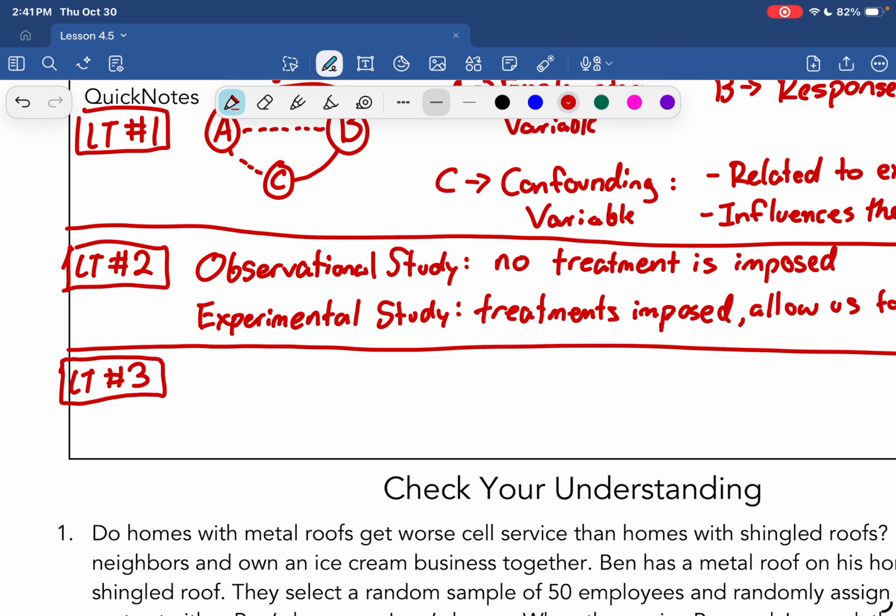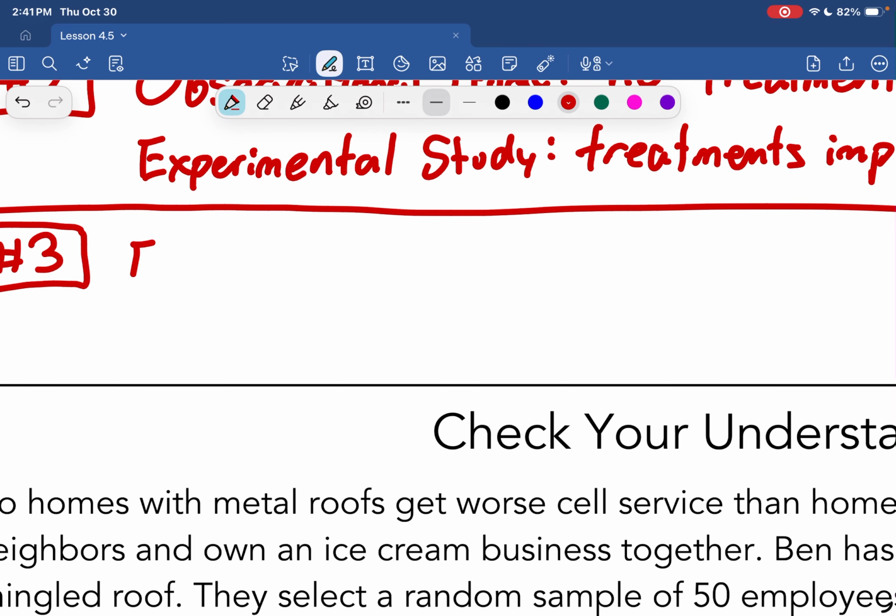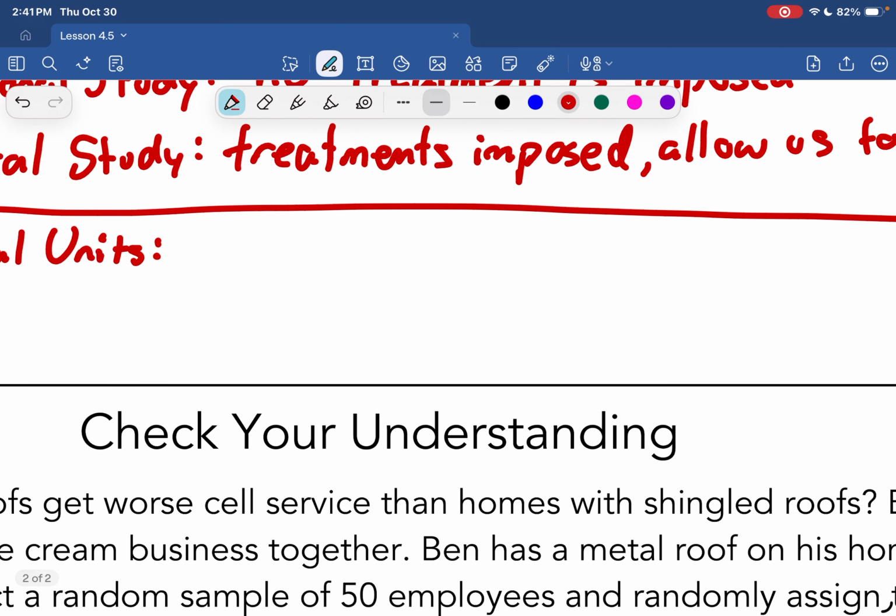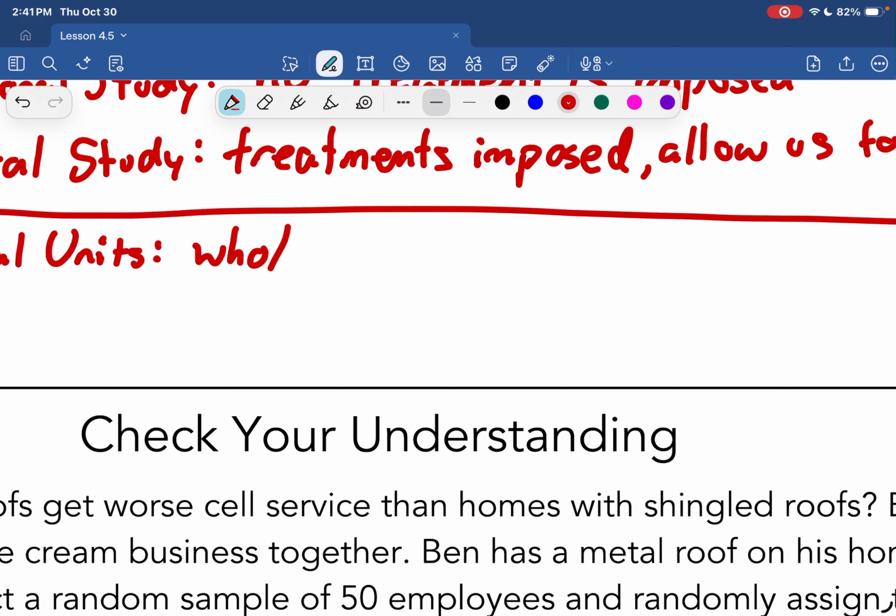All right, finally, just another couple of vocab words. Identify the experimental units and treatments of an experiment. So what are experimental units? They are the who or the what the treatment is imposed on.